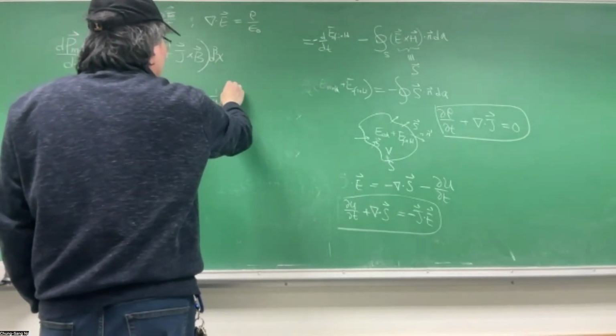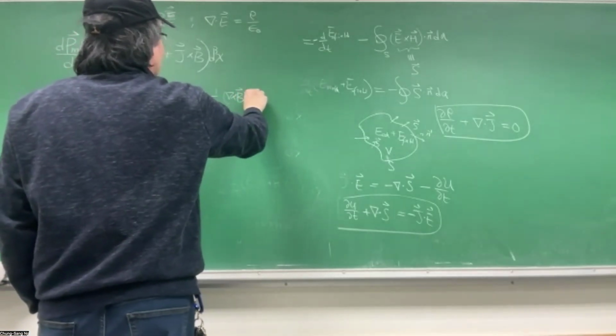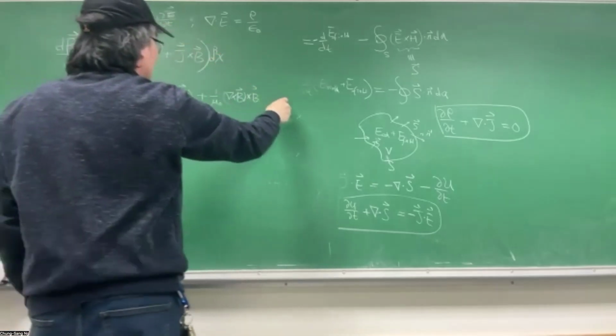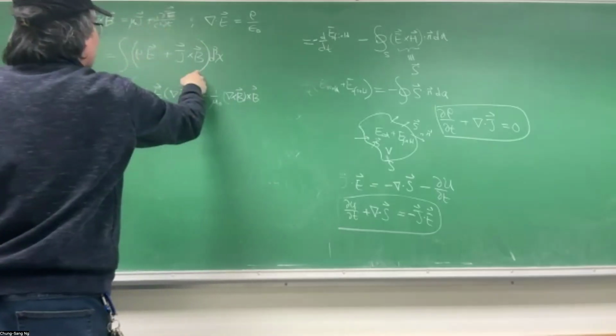We could actually just leave it as curl B cross B first, and then the other term is the same, but you move it to the other side.